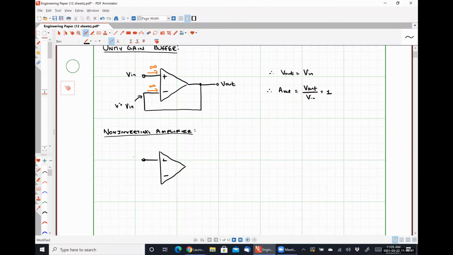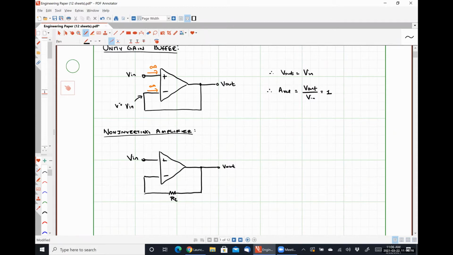So as before, we apply our input voltage to our non-inverting pin. We're going to measure our output at the op-amp's output pin. And we are going to have a feedback path between the output pin and the inverting input terminal, and we're going to put a resistor in this feedback loop.